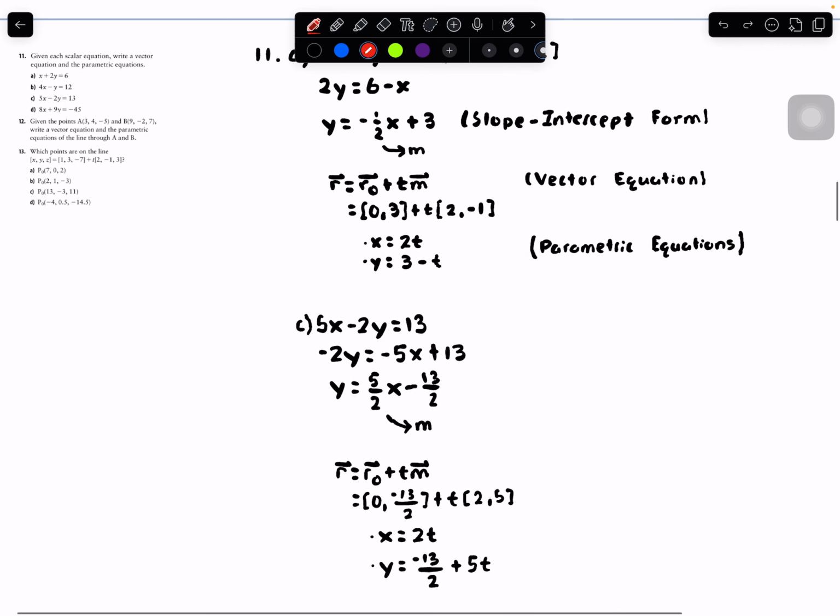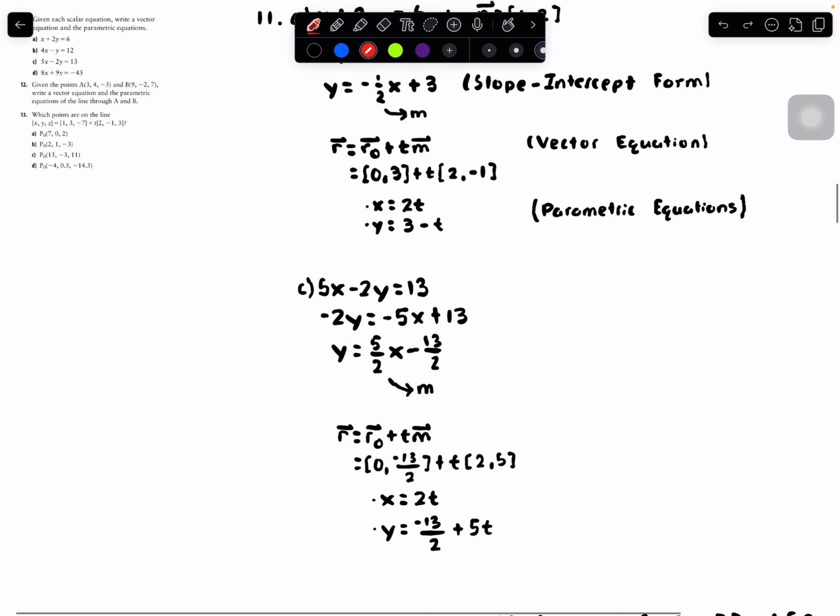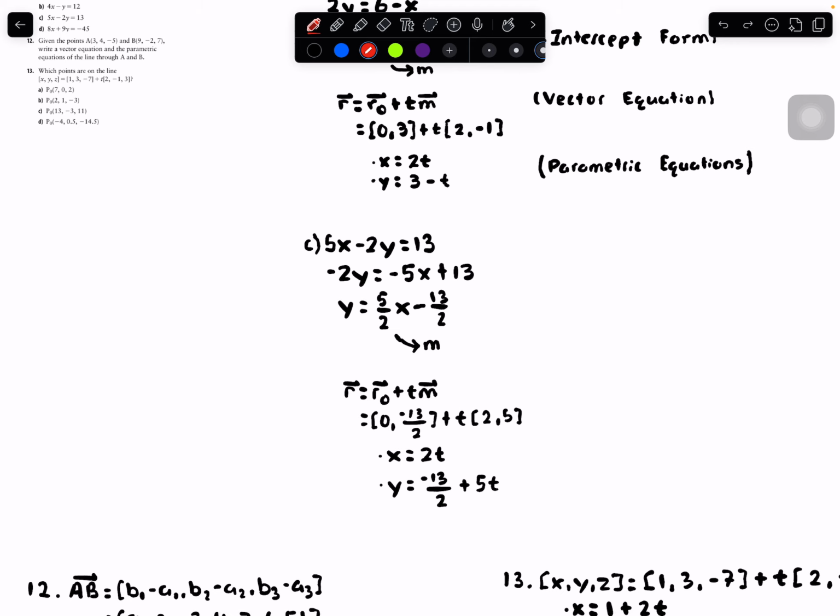Perfect. Same ordeal for 11c. I took my scalar equation right here, transformed it into its slope-intercept form by isolating for y. Then the vector equation is spit out really nicely. You just take your y-intercept as the known point on the line, so (0, -13/2), plus t times our slope turned into a direction vector.